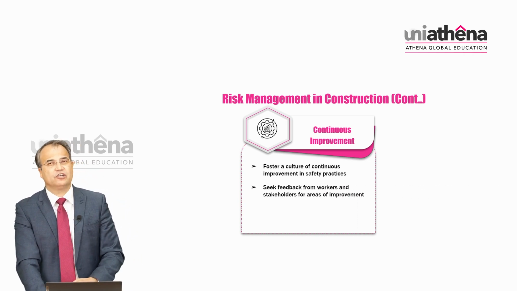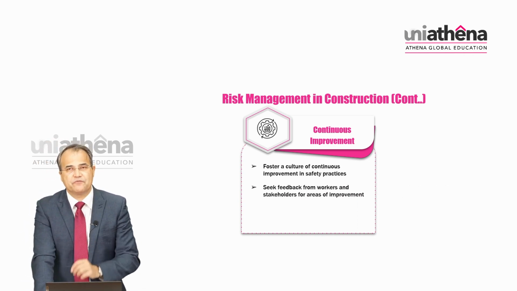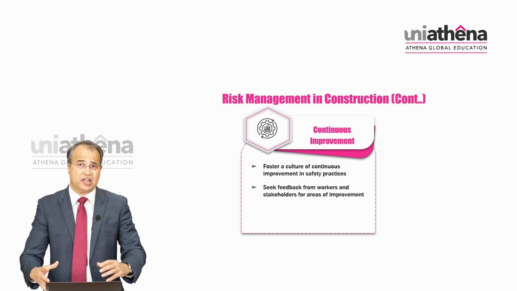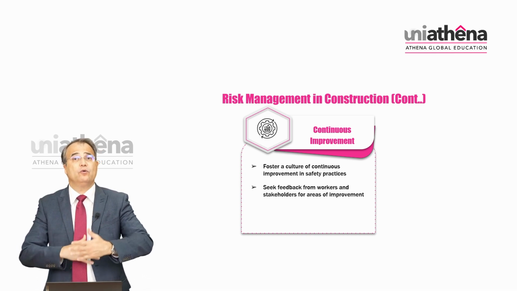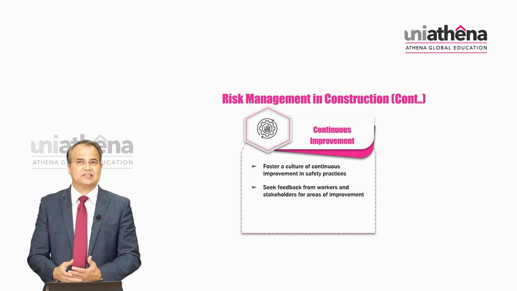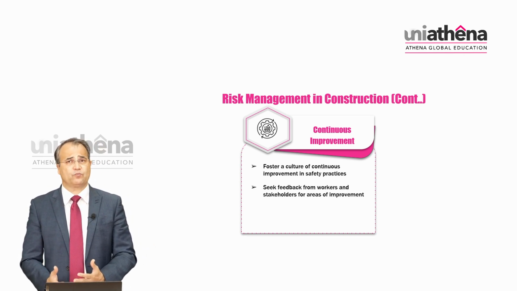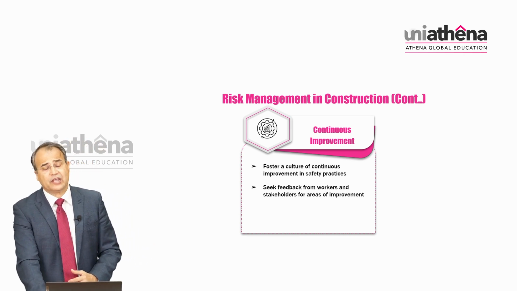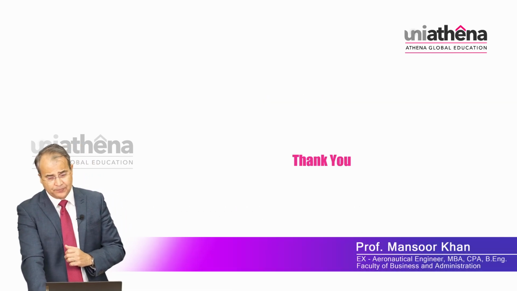We are talking about continuous improvement, which I have said many times. Continuous improvement is a very, very important thing to have, to see where things are going wrong and what we can do to improve. And this continuous improvement applies within the project and to other projects as well. So we need to apply continuous improvement, which is an important thing to have. Thank you.